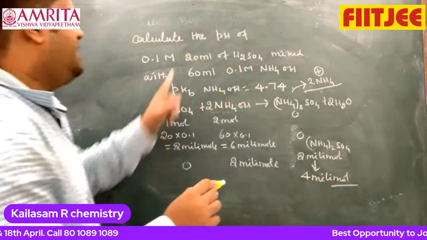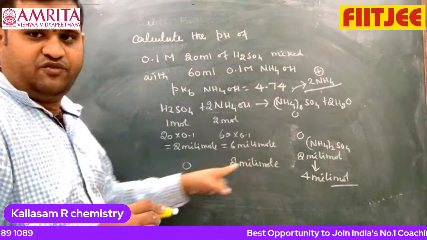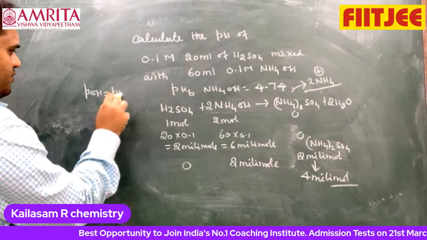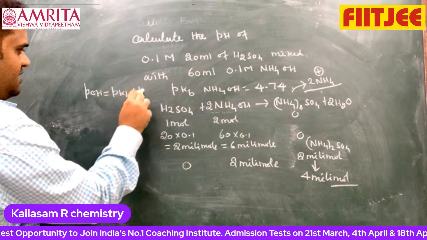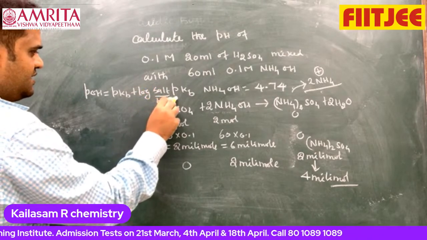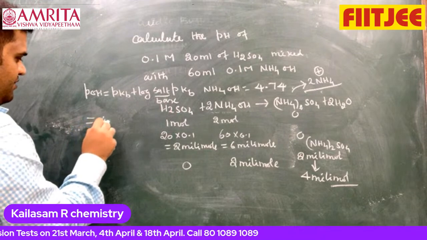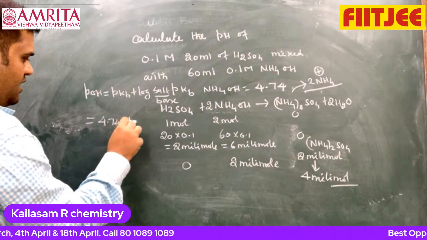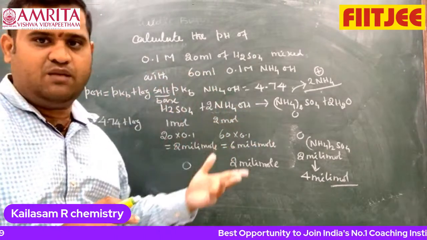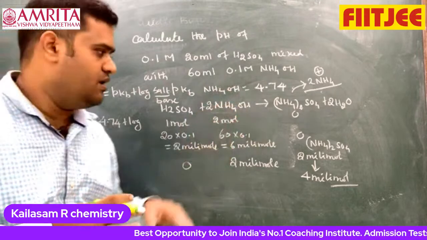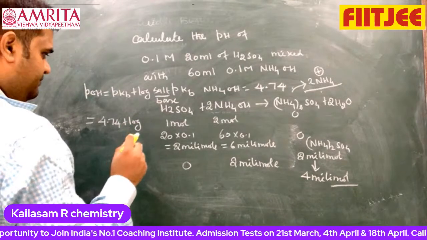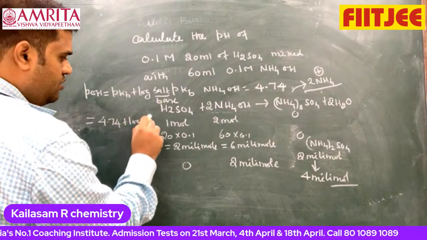That means they're asking for pH. This is the basic buffer. We can write pOH is equal to pKb plus log of salt by base. pKb is given, 4.74, plus log of, anyway, here volume doesn't matter because we have the ratio n by V. So volume doesn't matter for the buffer. Now how many moles? 4 millimole, 2 millimole, so 4 by 2.